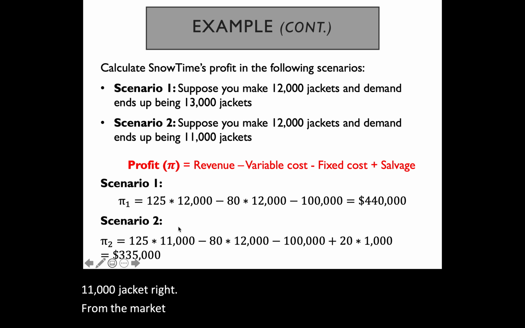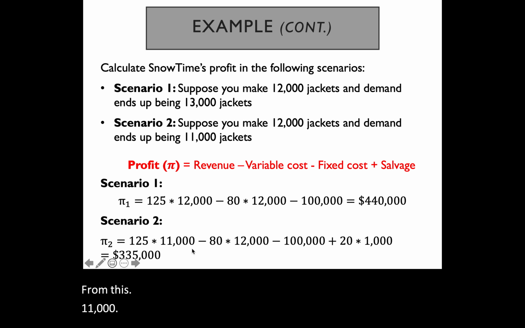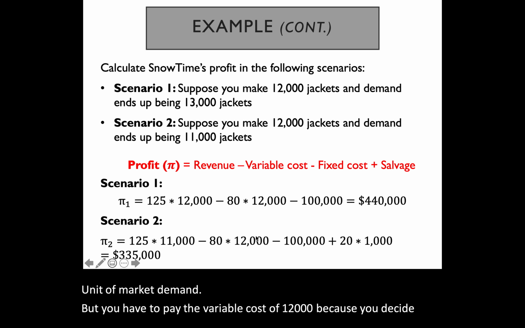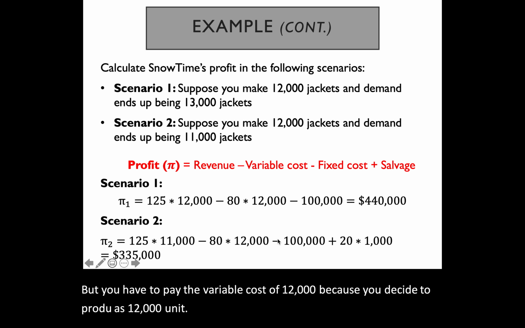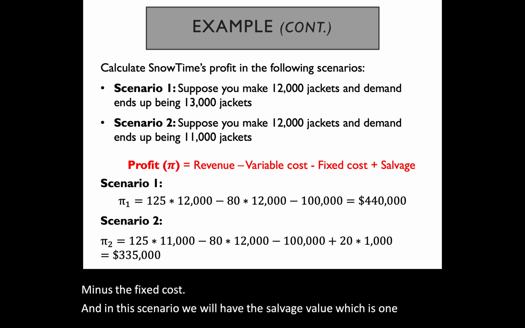So the revenue you get is from these 11,000 units of market demand. But you have to pay the variable cost of 12,000 units because you decided to produce 12,000 units, minus the fixed cost.